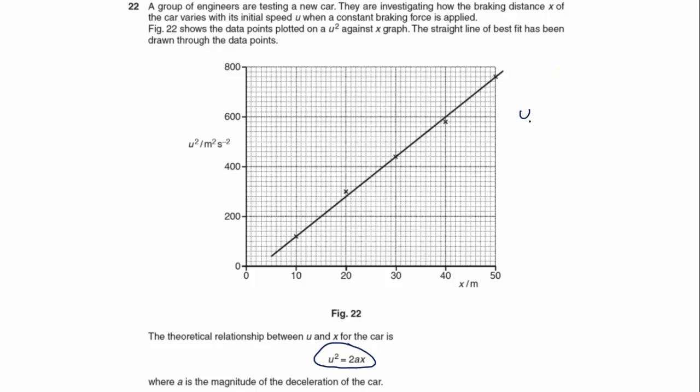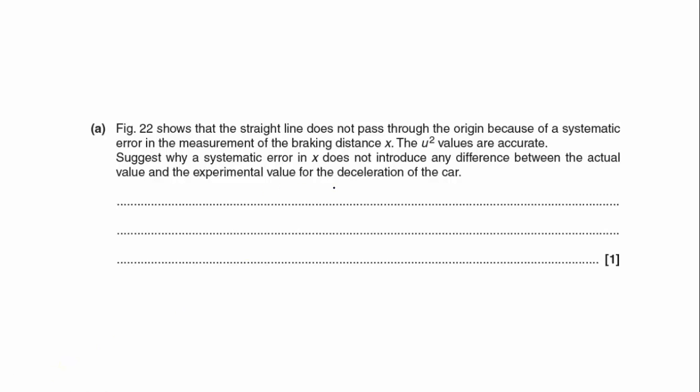If we look at y equals mx plus c, because we've got a straight line, we can see that u squared is equal to 2a multiplied by x, and in theory we haven't got an intercept, but the systematic error is bringing in the intercept. But it shouldn't matter because the acceleration is worked out from the gradient of the line, and that's not going to change, so we'll just put that in.